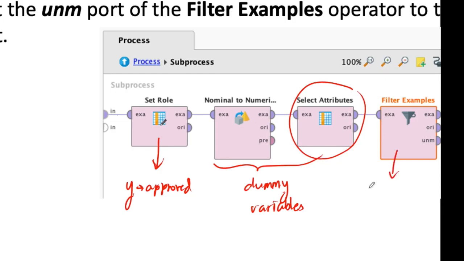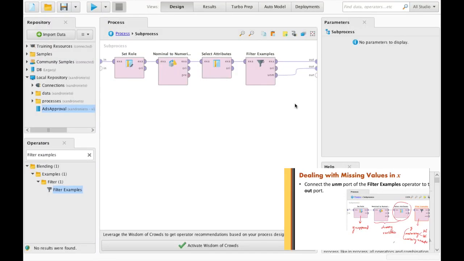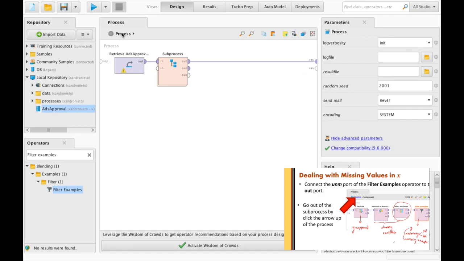The filter examples was used so that when y is not missing, it will be part of the splitting process, in which 80% will be used for the testing and training and 20% will be used for the validation. However, if y is missing, it will be considered in the example dataset. Now let's go out of the sub-process operator by clicking the arrow up of the process.